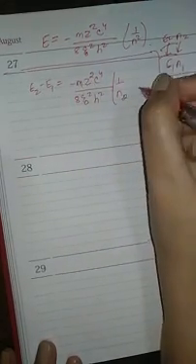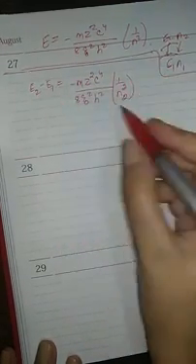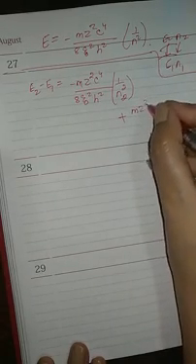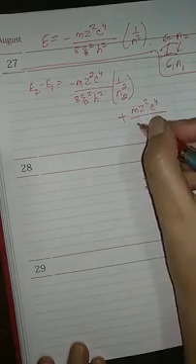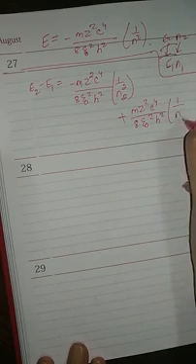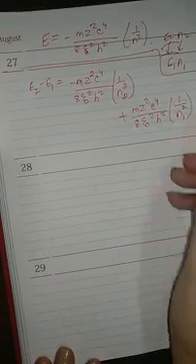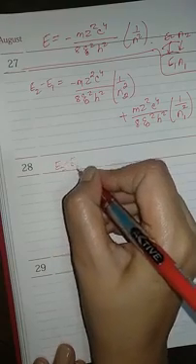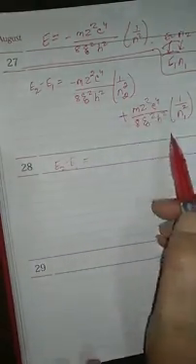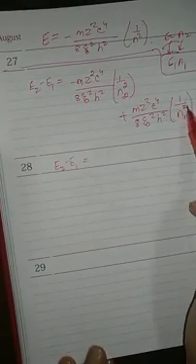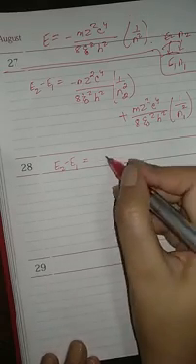Minus, for E1 again we need to write the same thing, so minus and minus plus mz square e to the power 4 divided by 8 epsilon naught square h square, 1 by n1 square. After taking common and rearranging, this becomes E2 minus E1 is equal to, let us take this factor common, as this has got minus, that is why I will write this 1 by n1 first.